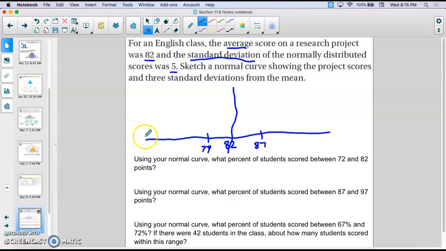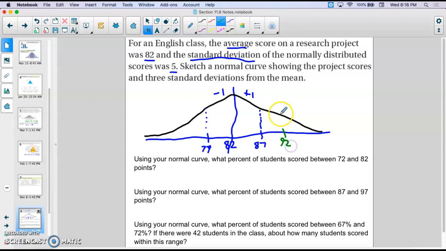Okay, if we were to draw our normal curve, I'm going to do the best I can with my little mouse here. Oop, well, we'll roll with it, for the sake of time. One standard deviation away will be at 87 and 77. Oh, sorry, we should label this. This is plus 1 standard deviation. This is minus 1 standard deviation. Then we add another 5 from here, and that gets us to 92. That's plus 2.